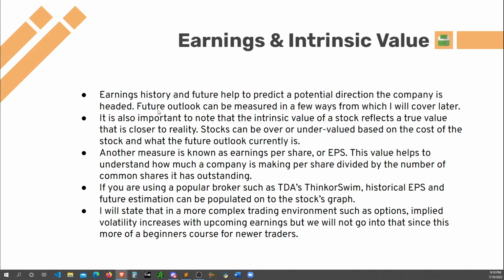Future outlook can be measured in multiple ways, and intrinsic value is going to help you determine what the future value may reflect, assuming there's not things like COVID or war or something like that, which is going to inadvertently affect pretty much everything. But basically, intrinsic value is going to reflect the true value of the stock, something that's more realistic.